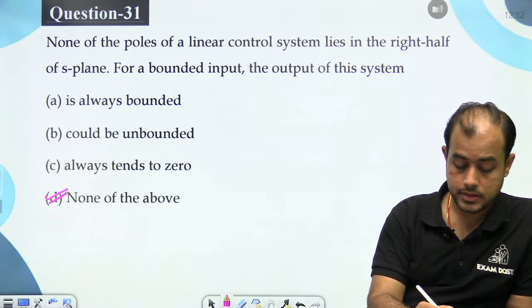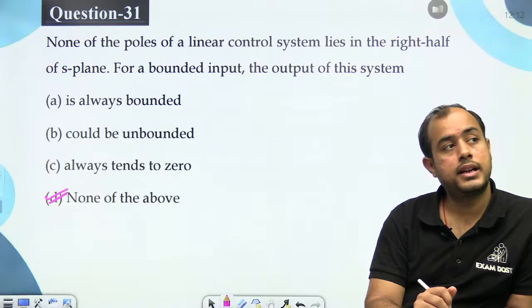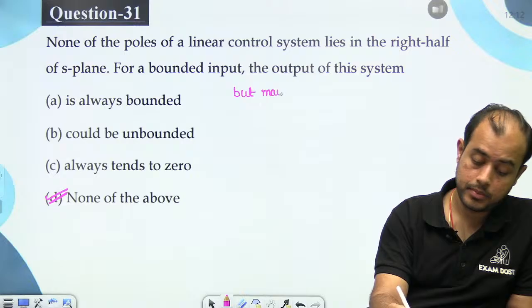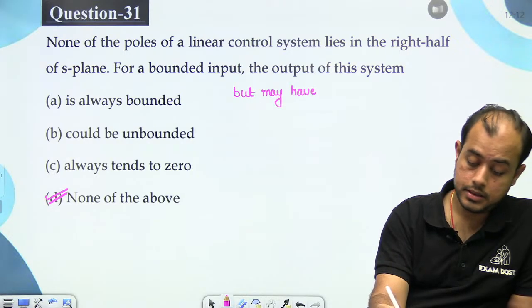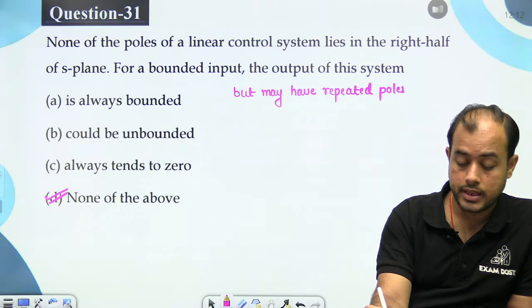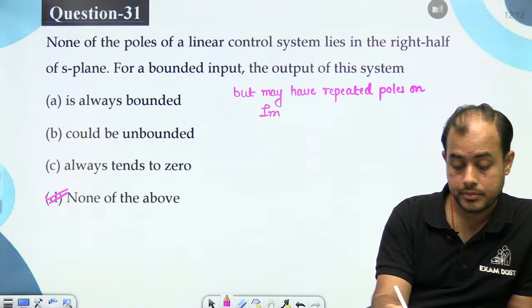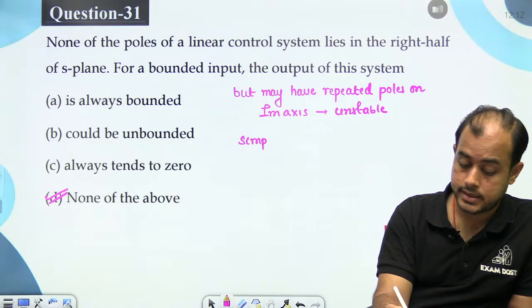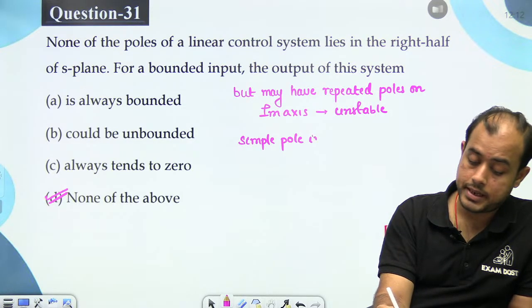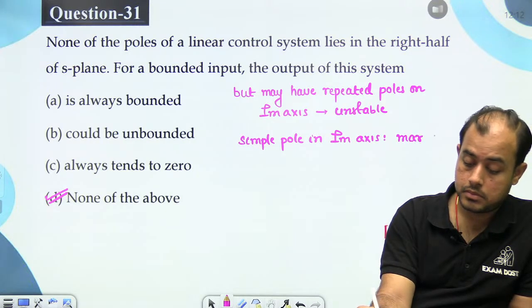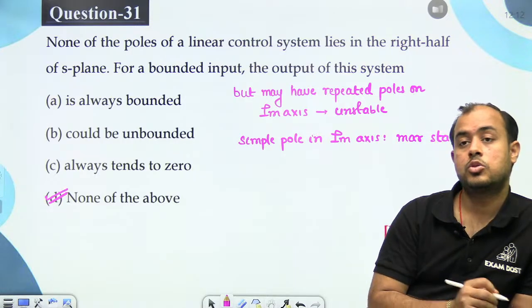None of the above. बट अगर इसके कोई भी पोल राइट हाफ में नहीं है, but we may have repeated poles on the imaginary axis, so we cannot comment. Simple pole on the imaginary axis, simple pole माने non repeated. Marginally stable, तो कुछ भी हो सकता है बेटा.